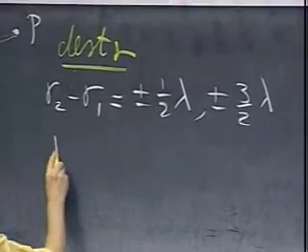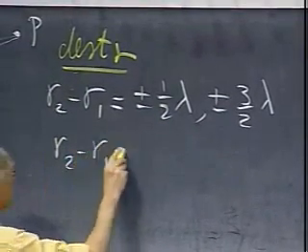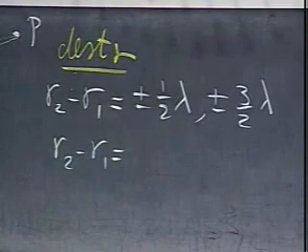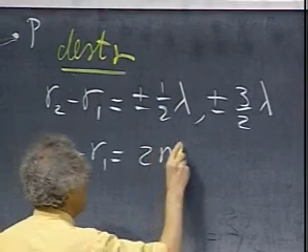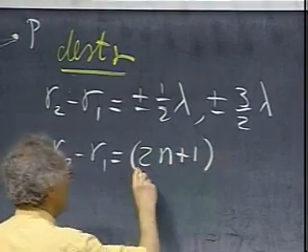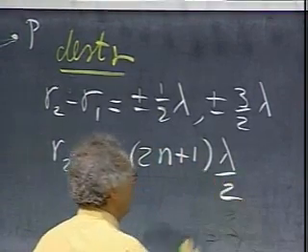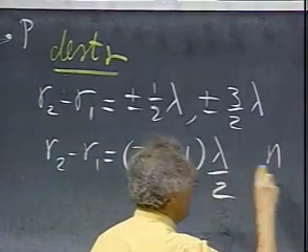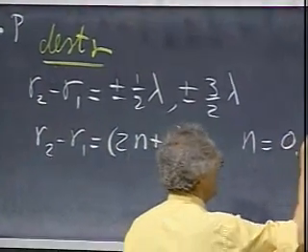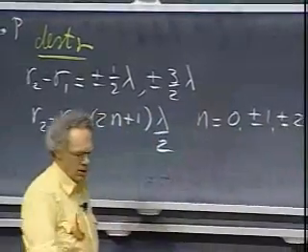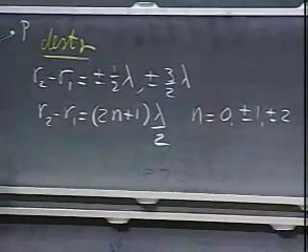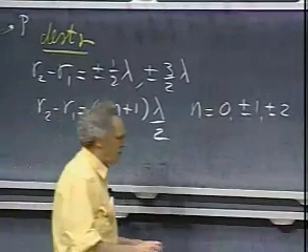And so in general, you would have destructive interference if the difference between R2 and R1 is (2n plus 1) times lambda divided by 2, whereby n is an integer, could be 0, or plus or minus 1, or plus or minus 2, and so on. That's when you would have destructive interference.